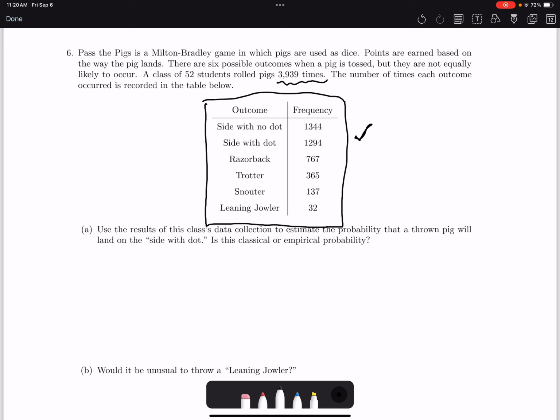The probability that the pig lands on side with dot is going to be the number of times that the pig landed on the side with dot, 1294, out of the total number of times the pigs were thrown, which was 3,939.